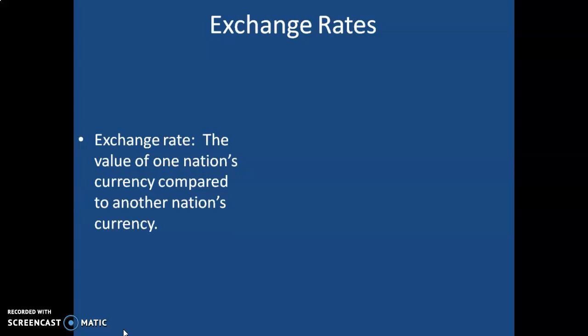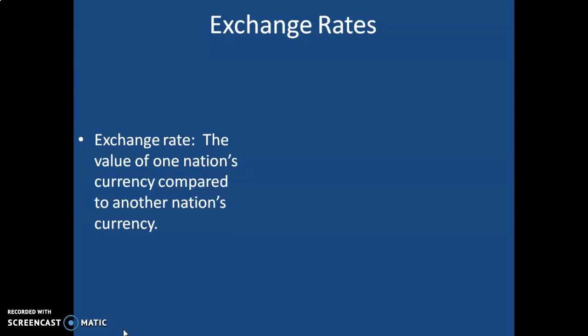You don't need to write this stuff down, but I thought it might be interesting to show you the value of the US dollar versus other countries in the world that we trade with quite a bit. Note that the exchange rate I'm about to show you is for early December, December the 4th, 2021.